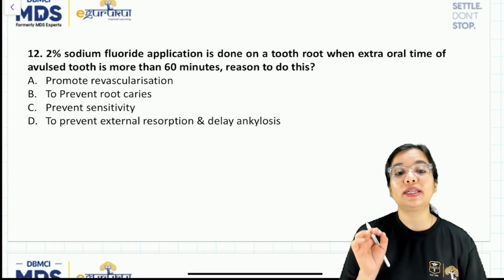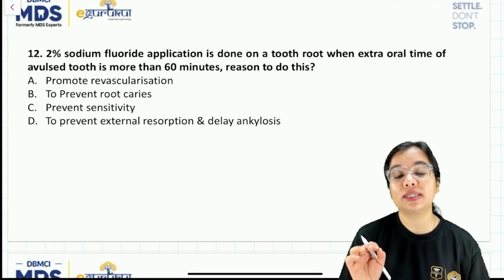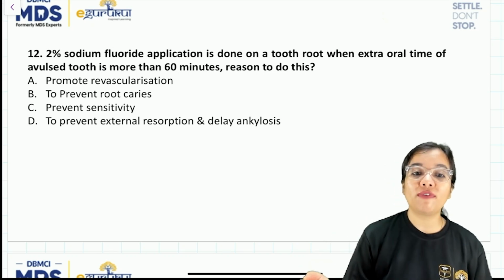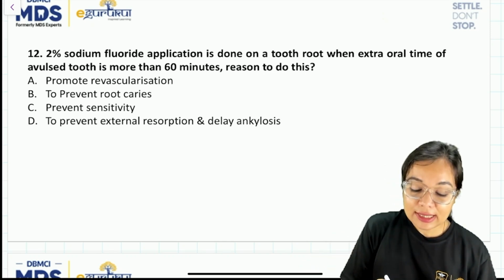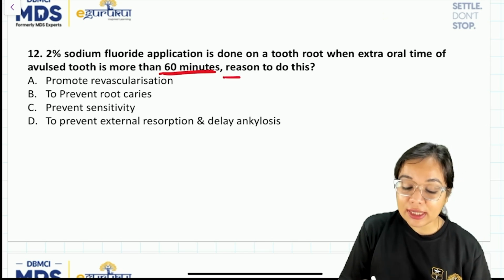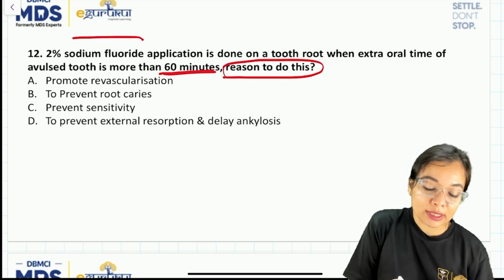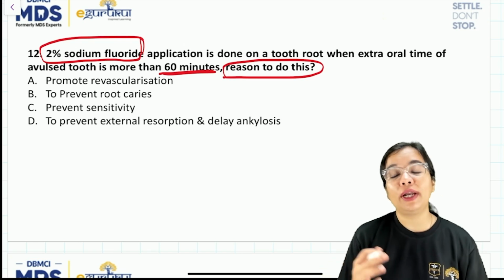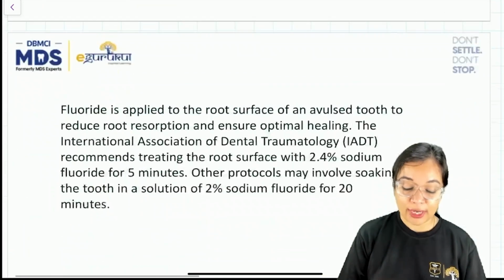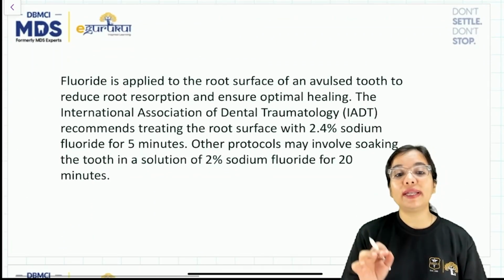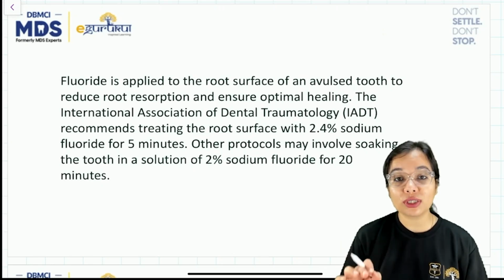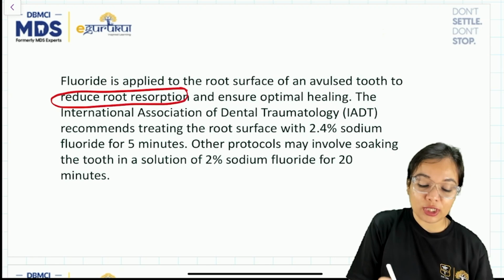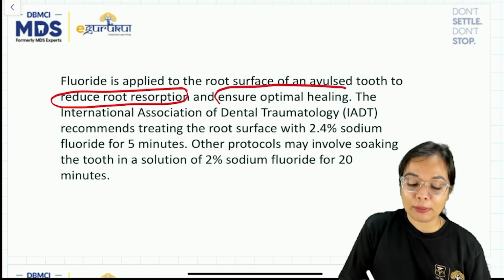Now, 2% sodium fluoride application is done on a tooth root with extraoral time of avulsed tooth more than 60 minutes. So, what is the reason of applying 2% sodium fluoride to the avulsed tooth? Basically, fluoride is applied to the root surface of an avulsed tooth to reduce root resorption and to ensure optimal healing.